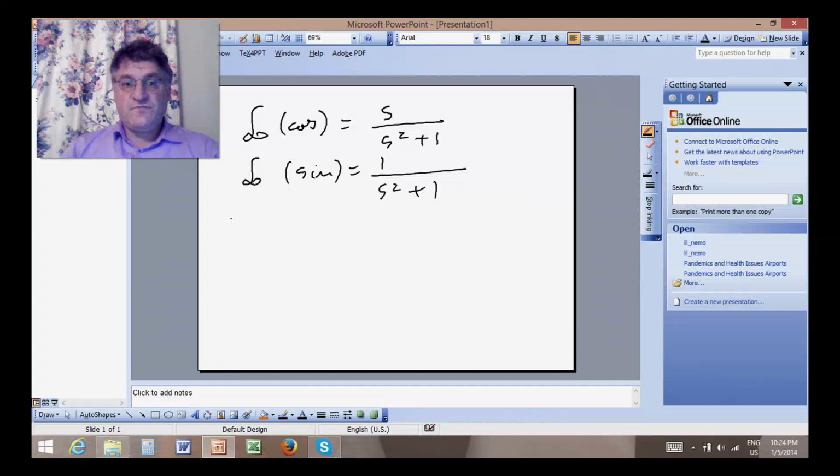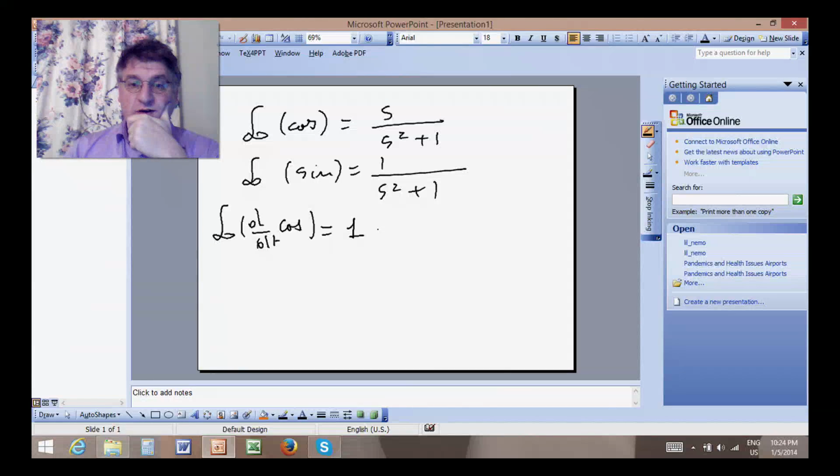Now, if we are to write the Laplace transform of d dt of cosine, and we apply the rule, we write that this is equal to cosine of 0, which is 1, plus s times the Laplace transform of the derivative of cosine, which is minus sine.